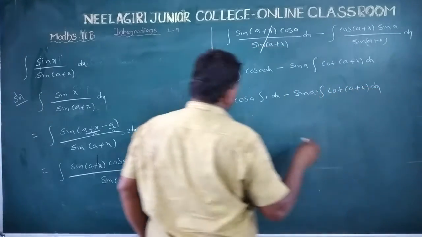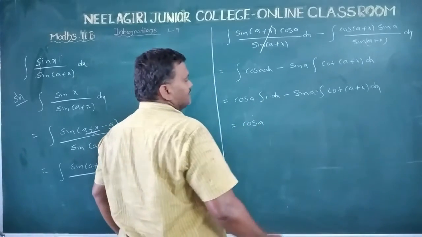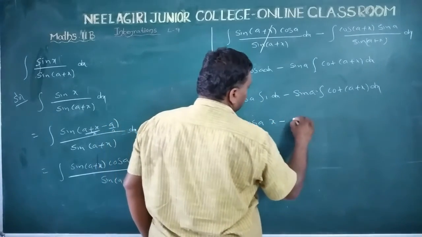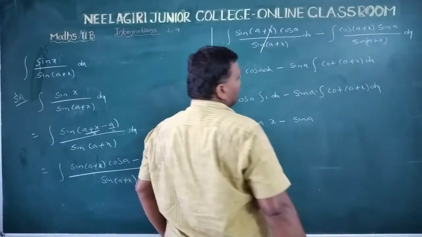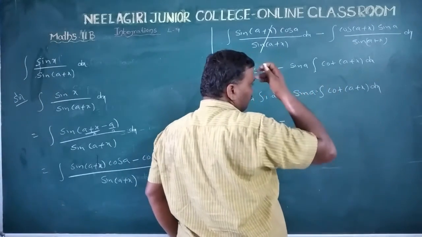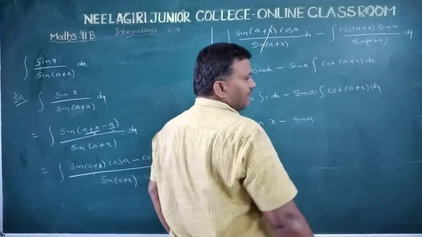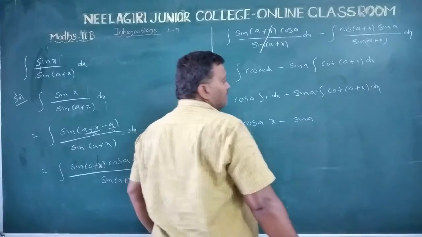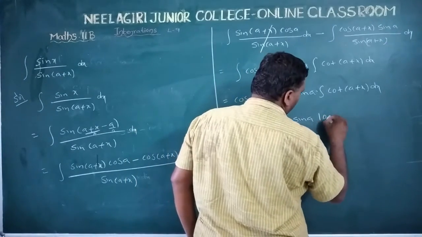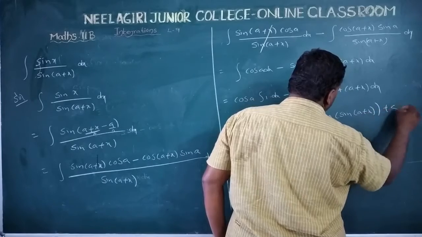Cos a into integration of 1 dx minus sin a into integration of cot of a plus x dx. What is the integration of 1? It is x. Sin a into what is the cot x integration? Since integration of cot x is equal to log of sin x, it is nothing but log of sin of a plus x plus c.